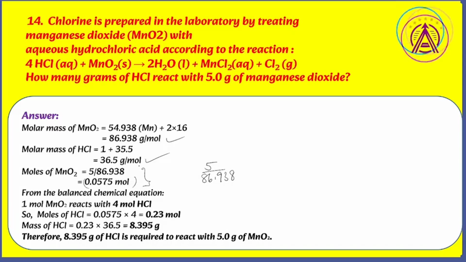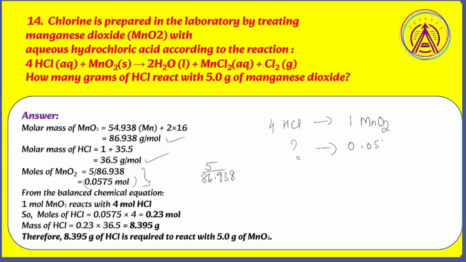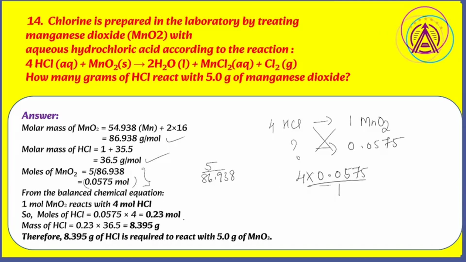From my balanced equation, 4 moles of HCl will react with 1 mole of manganese dioxide. So how many moles of HCl will react with 0.0575 moles of manganese dioxide? It's simply a cross multiplication where you do 4 into 0.0575 divided by 1. So we end up getting 0.23 moles.